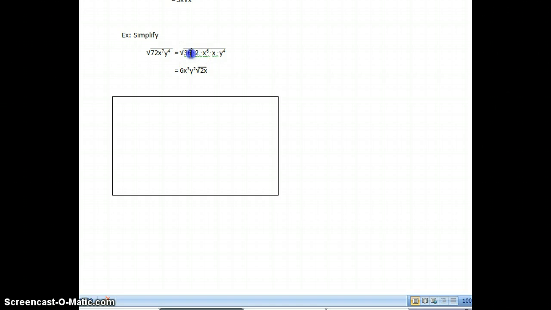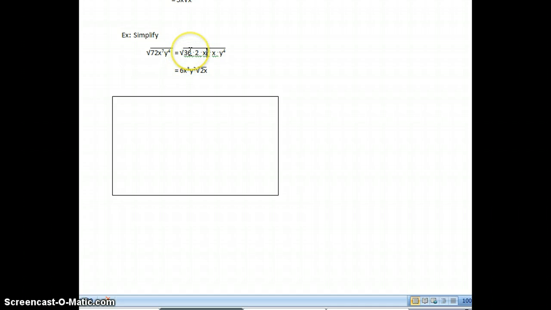36 times 2, my 36 is a perfect square. Now my x to the 7th is an odd exponent, so I'm going to break it up into x to the 6th times x. And my y to the 4th is even, so I'm going to keep it that way. Now, everything under the radical, I'll take the square roots of what I can.